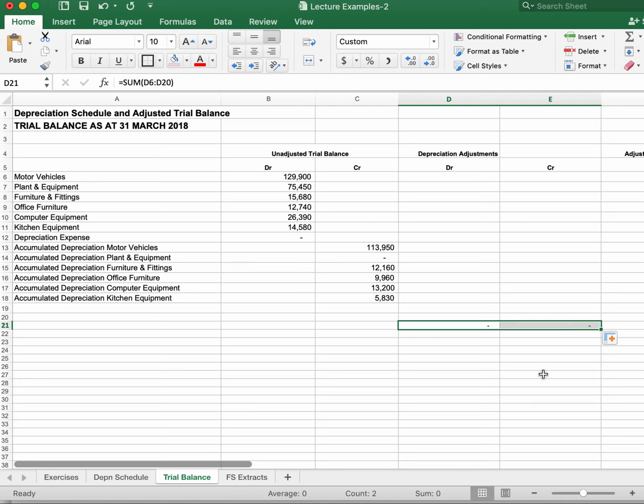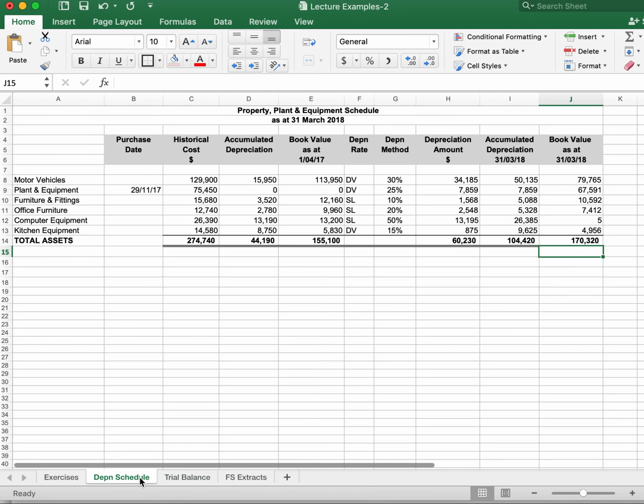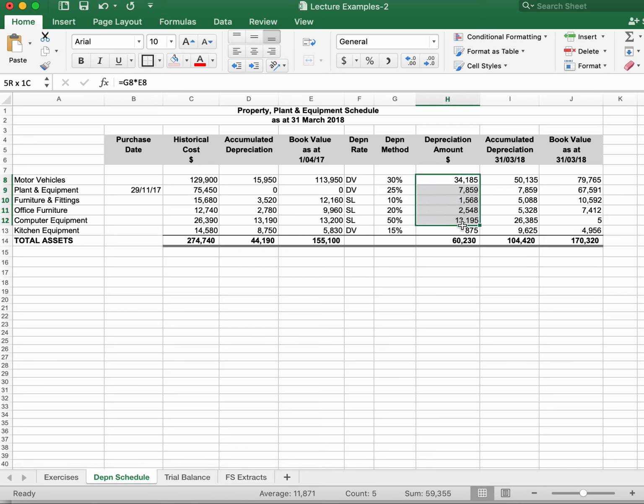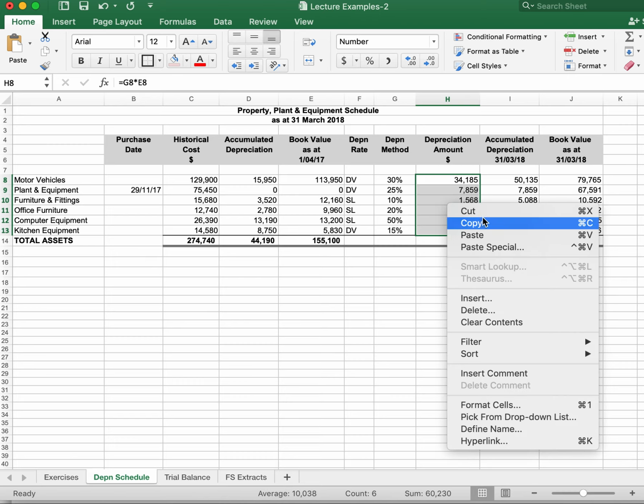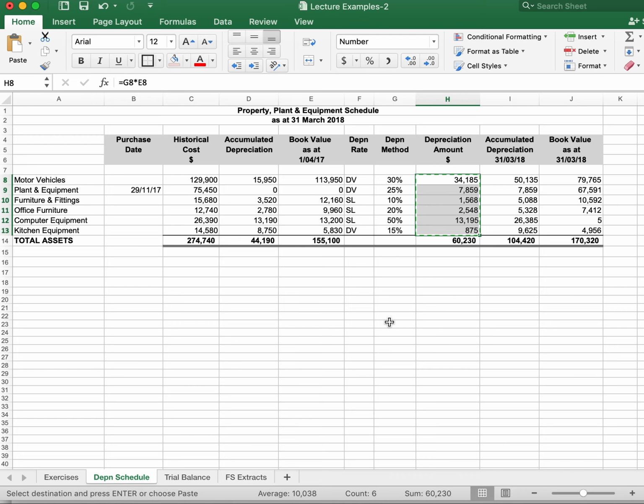Now, what are the adjustments I need to do for this one here? Really, this is all of the amount that I'm going to add to the accumulated depreciation.